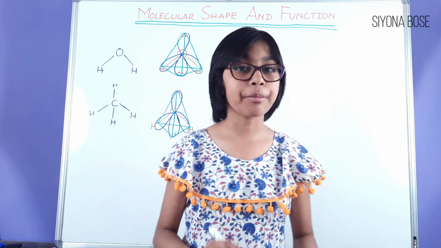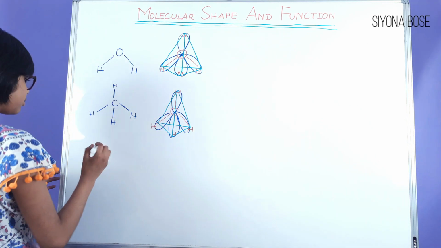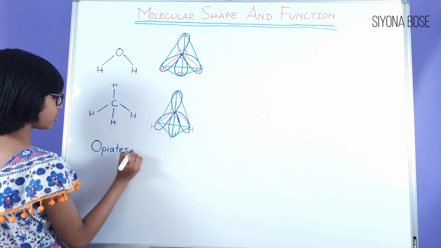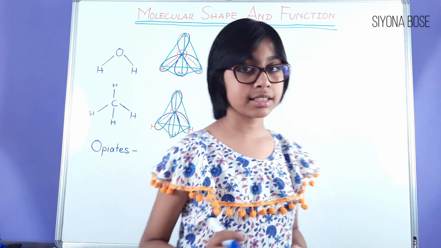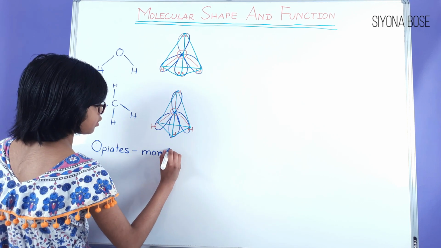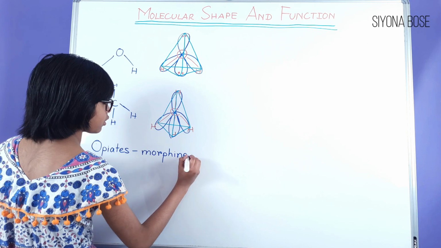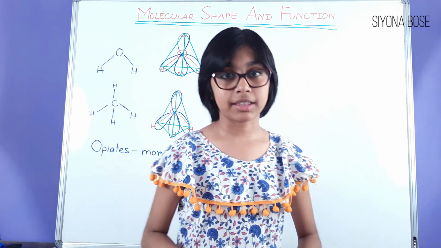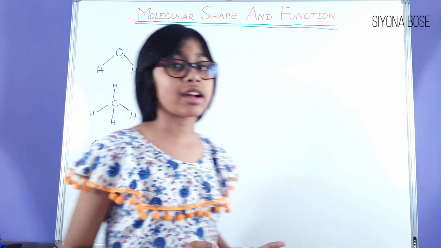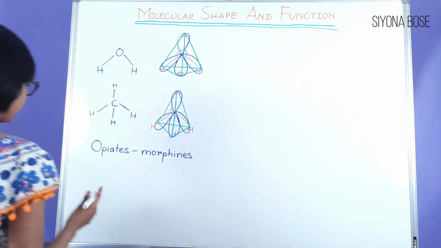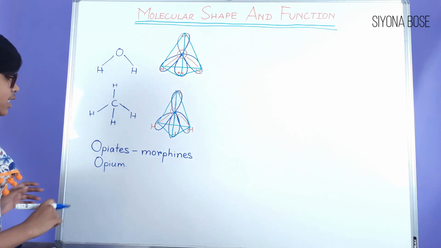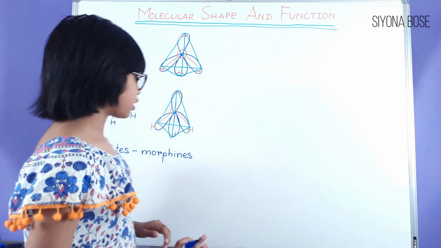Take the example of opiates, for example morphine. Opiates are obtained from opium. Now let's talk about the significance here.